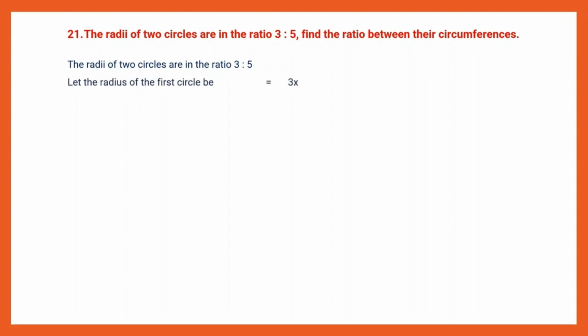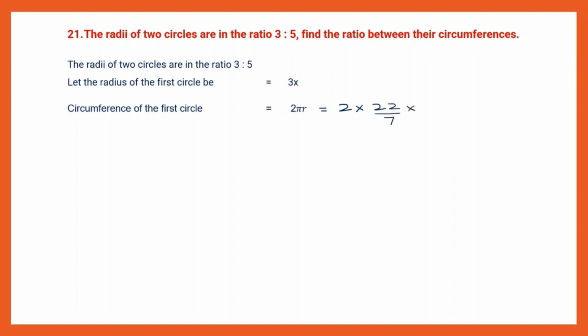So let the radius of the first circle be 3x, because we'll take the first number in the ratio 3:5, that is 3. So that will be the radius of the first circle, 3x. Now we can find the circumference of the first circle by using the formula 2 pi r, which is 2 into pi, which is 22 by 7, into r. And what is r?